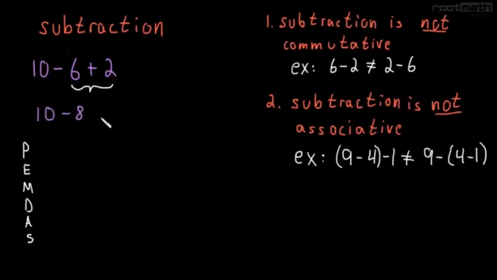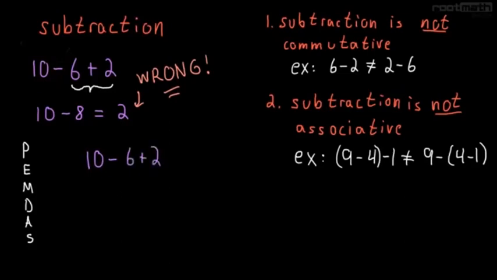So this would be 10 minus 8, which would be 2. But that's wrong. That is the wrong answer. What we forgot is that what the order of operations really says is that when you have only subtraction and addition left, do everything from left to right. So this is really 10 minus 6, which is 4, plus 2, which is equal to 6. And that's the right answer.